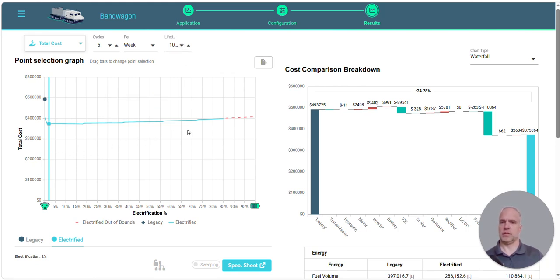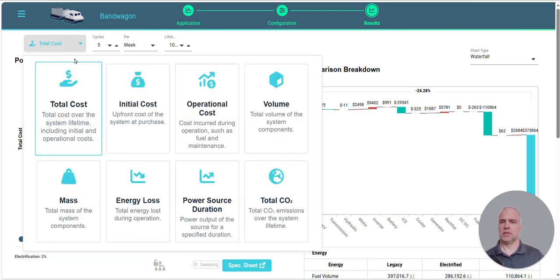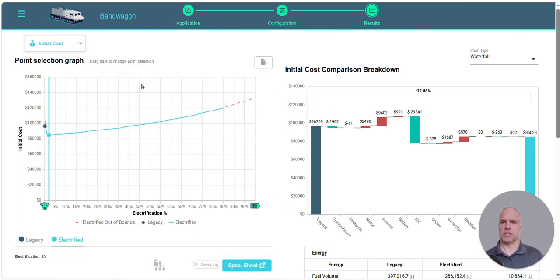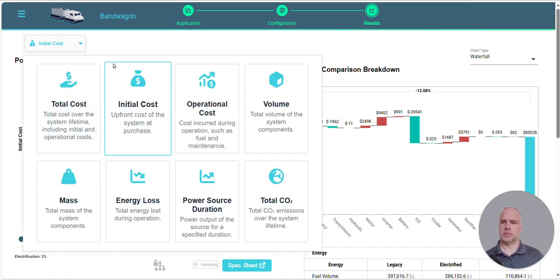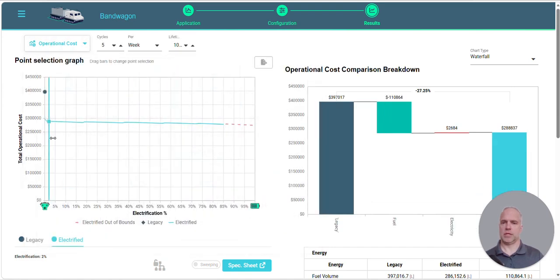If you increase the battery size, you're actually increasing the cost. Probably has to do with the mass compensation. Initial cost, operating costs. So you can start to see these trade-offs to make a much better powertrain decision.